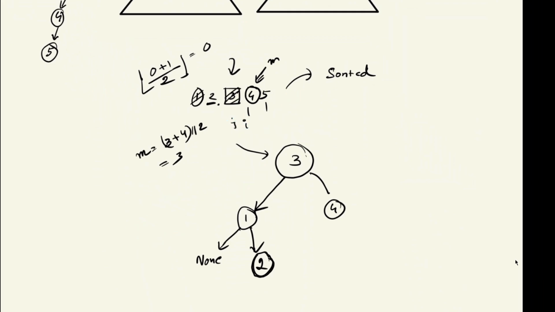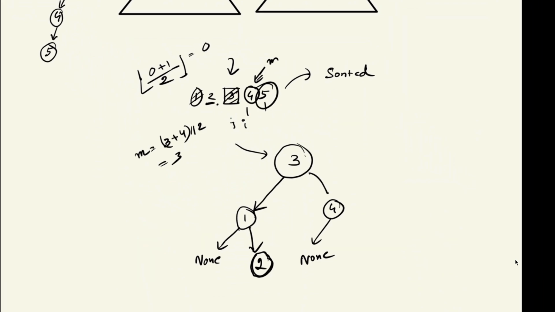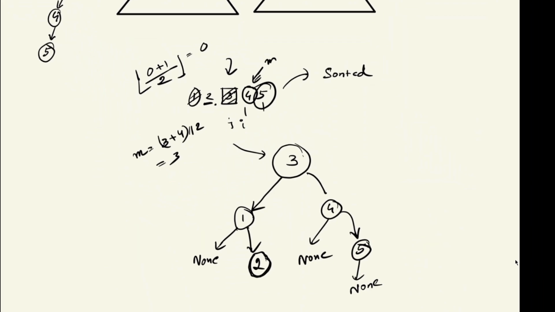So 4 will get none on the left, and this will return to the 4. Okay, now similarly we have 5 left. So 5 will be the next root, and there will be no child of 5. So 5 will simply return to 4, and 4 will again return to 3.